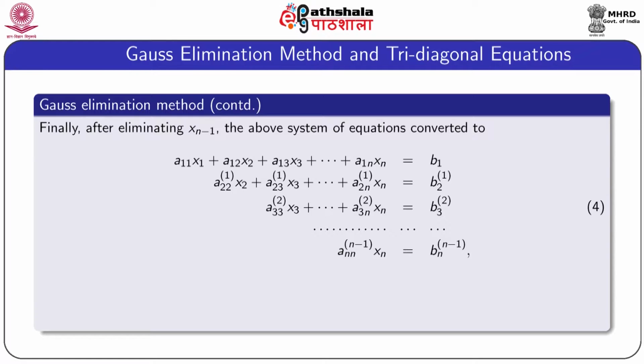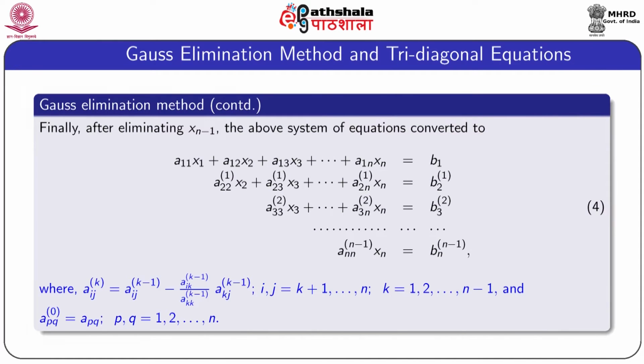Note that here the last equation contains only one variable xn, the last but one equation contains two variables x_{n-1} and xn, and so on, where aij^(k) is equal to aij^(k-1) minus aik^(k-1)/akk^(k-1) times akj^(k-1), where i and j equal k+1, k+2 up to n, and k equal to 1, 2 up to n-1, and apq^(0) is nothing but apq, where p and q are equal to 1 to n.